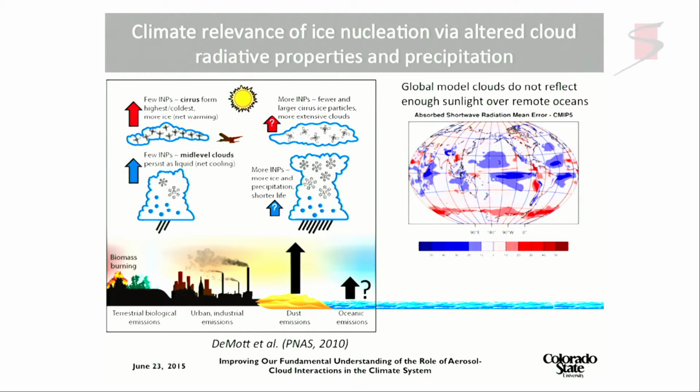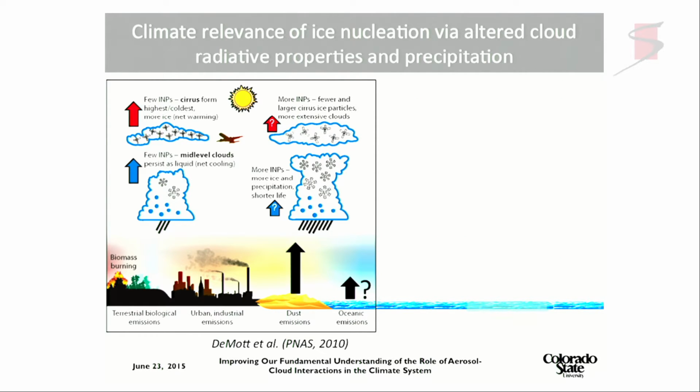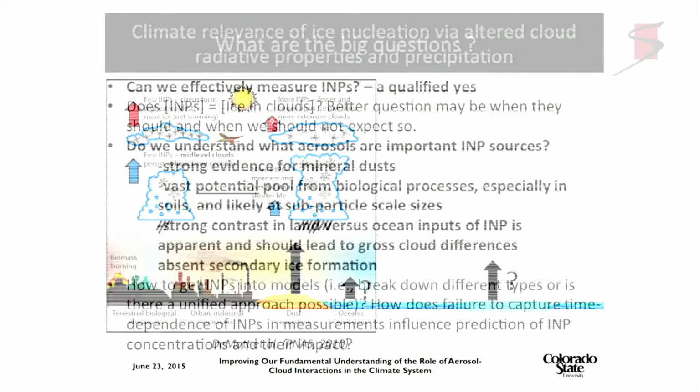One of the potential contributors to that, although there could be many reasons, and people in this audience know better than I, dynamically and so forth, why that could be happening, and microphysically, the fact is that aerosol emissions could be part of the story. Also, biochemistry happens in oceans. There are blooms happening, and we want to know if that changes the input of ice-nucleating particles. So a lot of my emphasis today is going to be on both dust and emissions from the oceans, and that's at the very end.